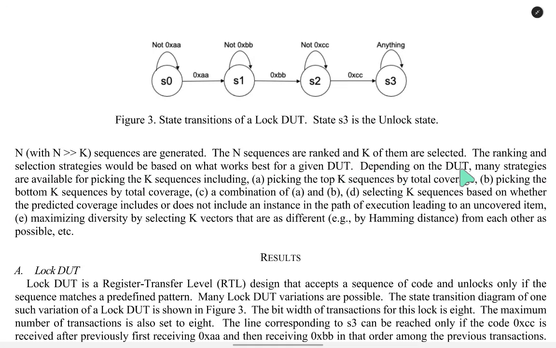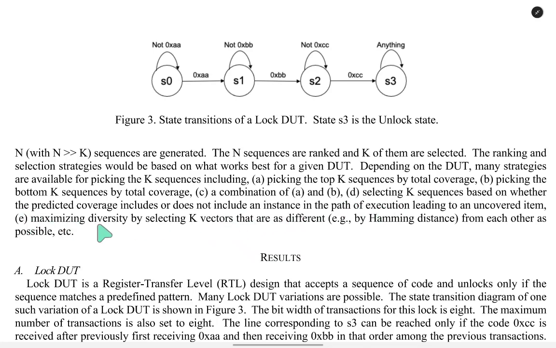Depending on the DUT, many strategies are available for picking the k sequences, including: A, picking the top k sequences by total coverage. B, picking the bottom k sequences by total coverage. C, a combination of A and B. D, selecting k sequences based on whether the predicted coverage includes or does not include the instance of a path leading to an uncovered item.